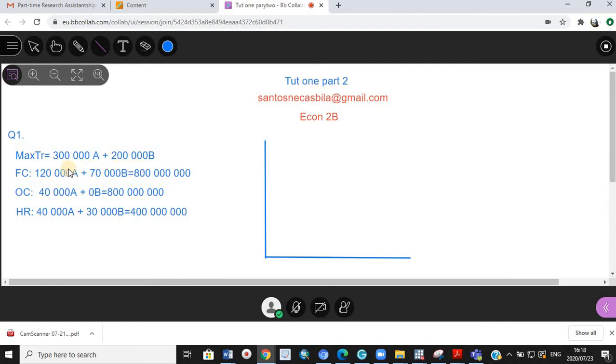Let's take this constraint. Let's assume that A is equal to 0. If A is equal to 0, let's label here first. This is A, this is B. If A is equal to 0, what is B going to be equal to?